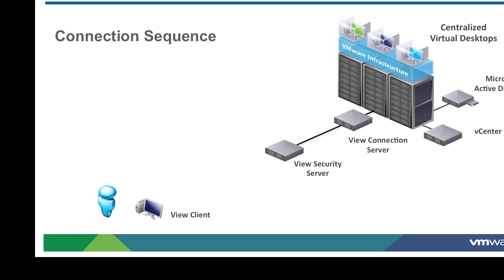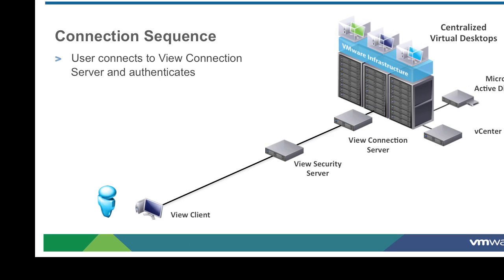In the same way, the View client can access the View environment, but this time, when they select a PC over IP virtual desktop, what's going to happen with 4.6 is that if the View connection server is configured to gateway PC over IP connections, then instead of the View client connecting directly to the virtual desktop, it will be given addressing information to allow it to connect through the View security server.